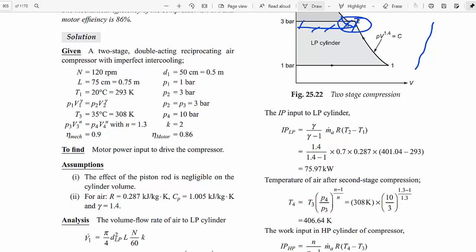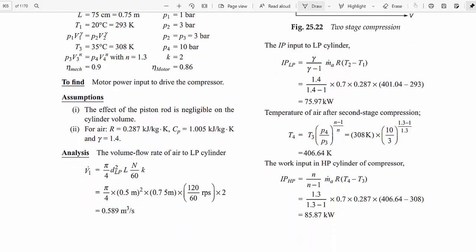Then first we calculate how much volume flows through the compressor. First, we calculate the volume flow rate of the compressor. V dot equal to swept volume or displacement volume into speed of the compressor into number of stages. It's a formula. Therefore, swept volume equal to pi by 4 d square. LP means low pressure cylinder, because in the problem they give details of bore and diameter for the LP cylinder.